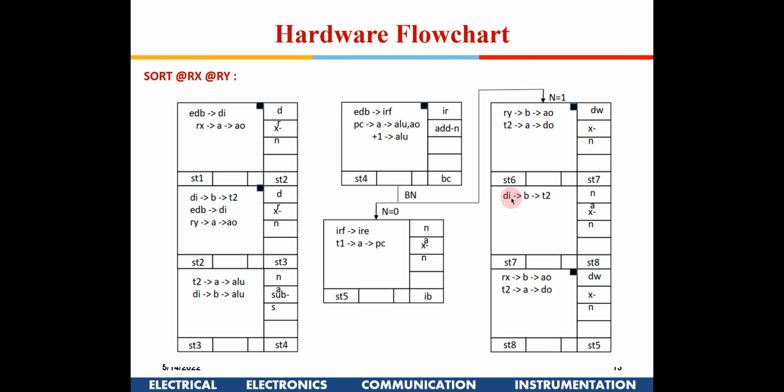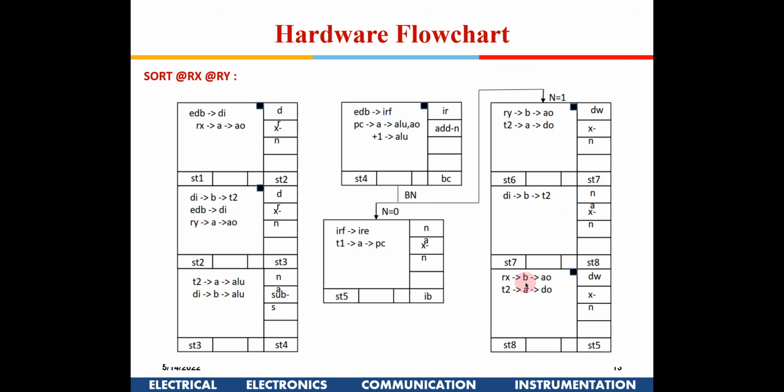In the next step, we also have to update the other memory location. The data which was available in the Ry register was available in the DI register, so from DI you are getting it into the T2 register.